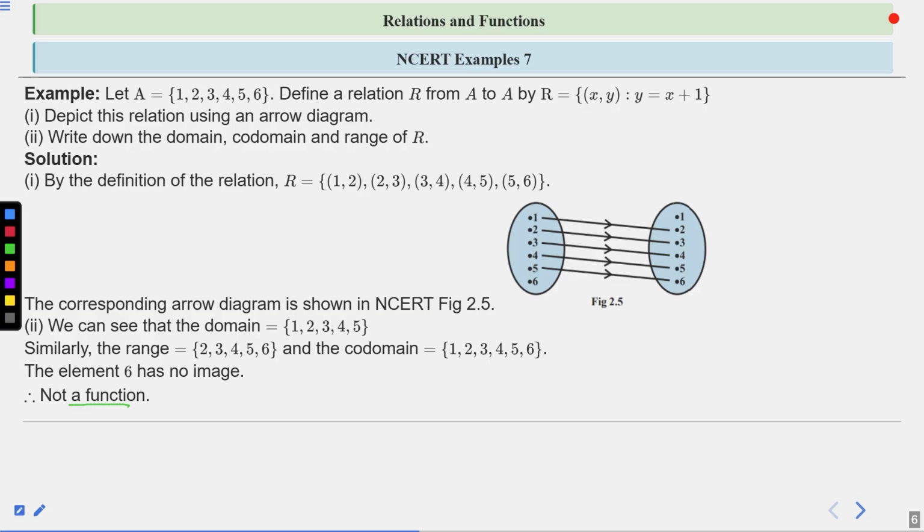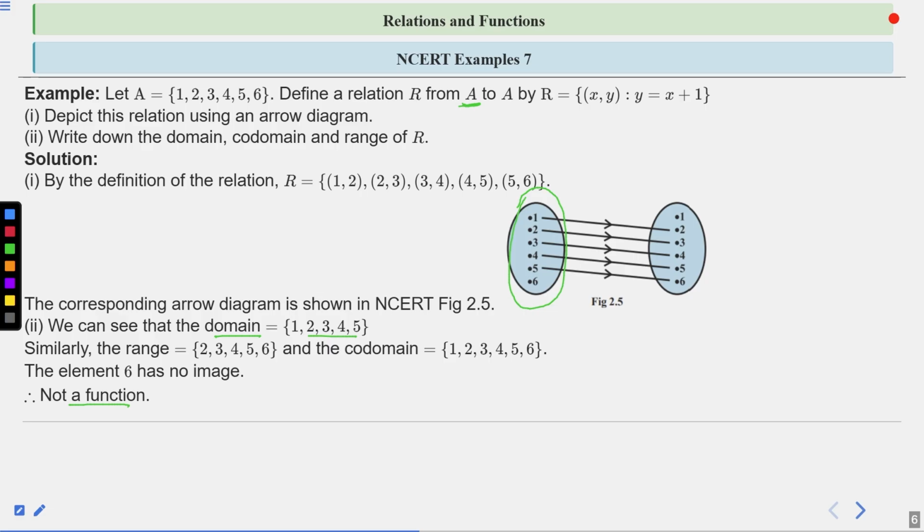First of all, my domain set must be the complete set A. In this case, the set A present over here is not equal to the domain set. So, not a function. Clear? I hope why this relation is not a function is clear to all.